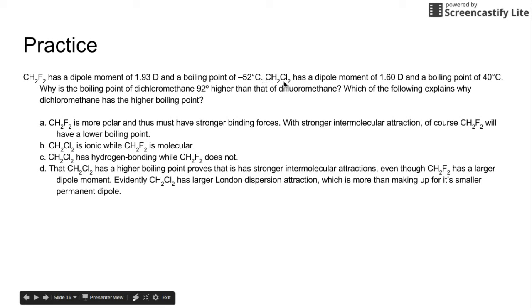Another very similar one, this is dichloroethane, has a smaller dipole moment. So the polar nature of the bonds is a bit less, but it has a much higher boiling point. And they're asking, why is that so? So read through the answer choices and see if you can come up with the correct answer.